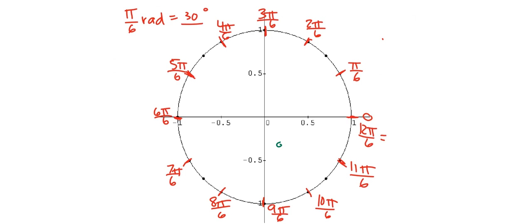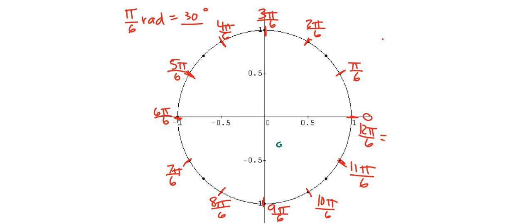Of the 16 major points on the unit circle, didn't I just get most of them? By counting in increments of pi over 6, you just hit 12 of the 16 points. We only missed 4 of them, which we'll talk about in a minute.